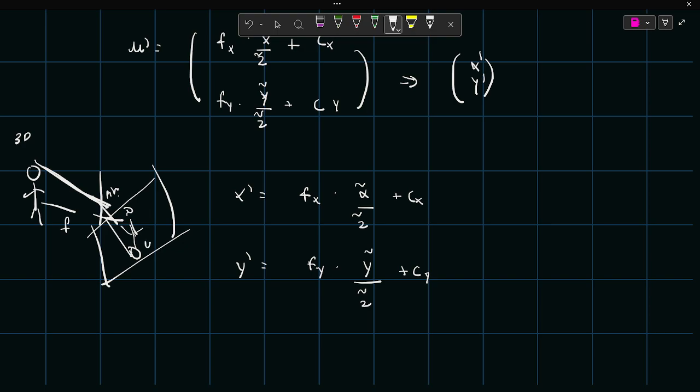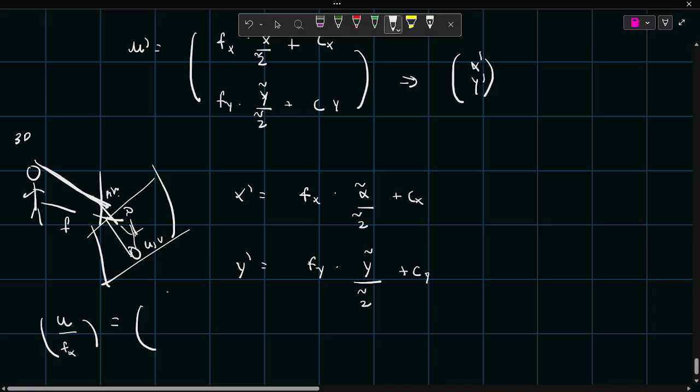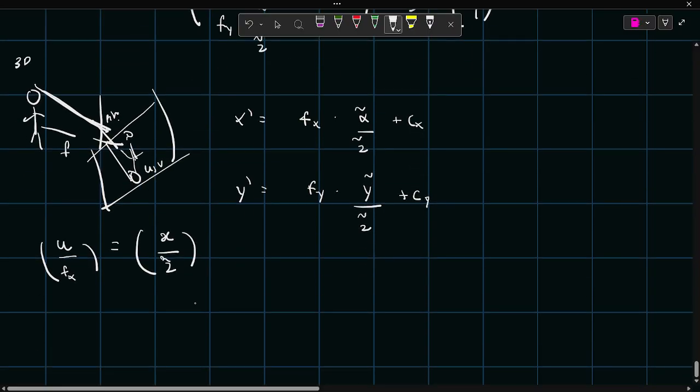So this point u comma v is determined by f of x, sorry, x over z. Similarly v is like this, f of y, and y divided by z.